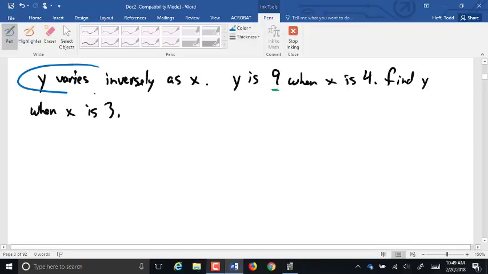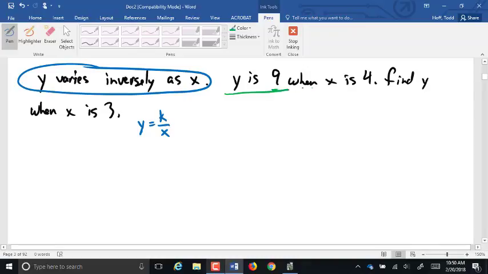So we're given the relationship y varies inversely with x. So y equals k over x. What's next? Yes, y is 9 when x is 4, so we put in 9 for y, 4 for x, and then multiply by the 4.